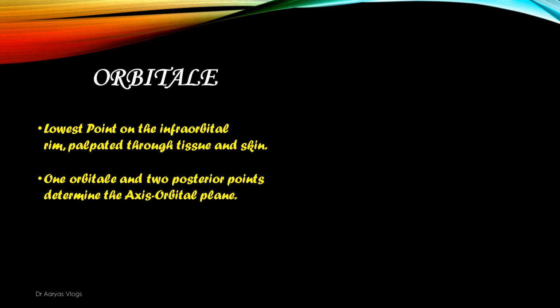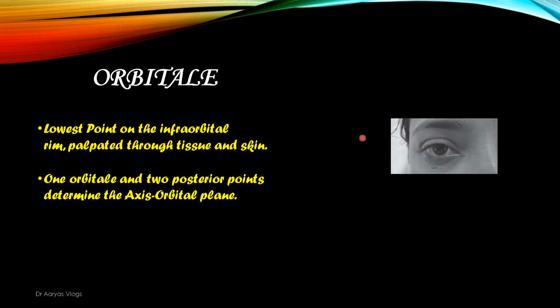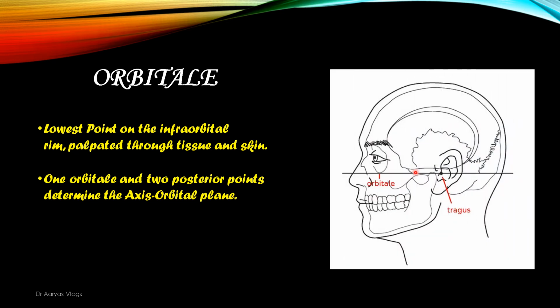What is an orbital? Orbital is the lowest point on the infraorbital rim, palpated through tissue and skin. Here it is the orbital, that is the lowest point on the infraorbital rim.